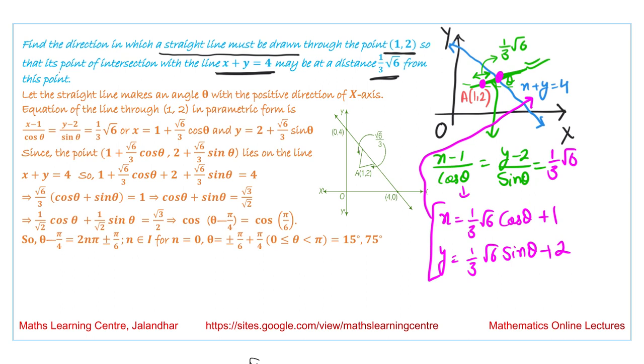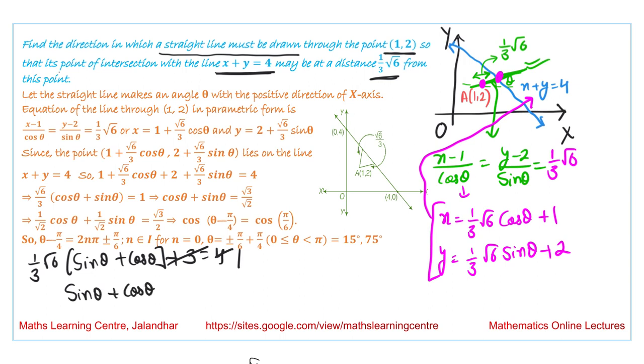So if we substitute these values, we get 1/3√6 into (sin theta plus cos theta) plus 3, that is equal to 4. This value will become 1. So this implies that sin theta plus cos theta is equal to, if we shift these terms to this side, 3/√6, which becomes √6/2, or we can write this as √3/√2.